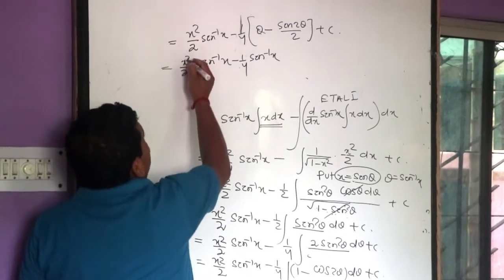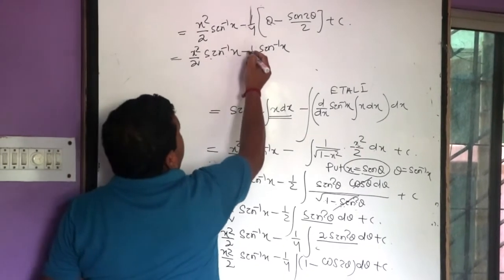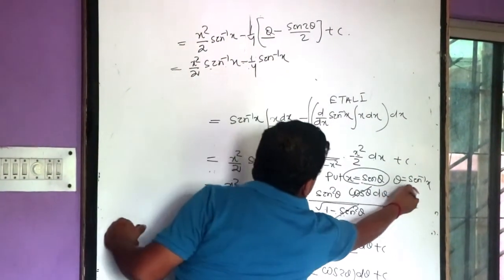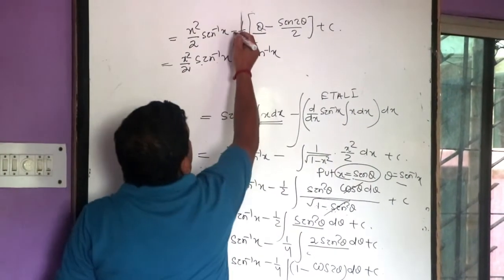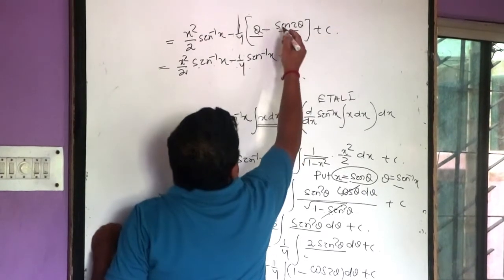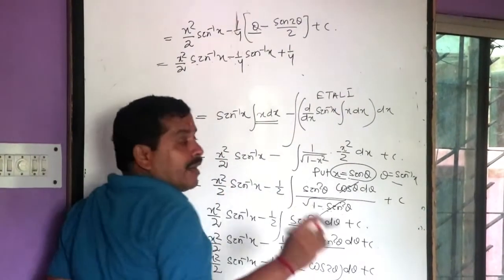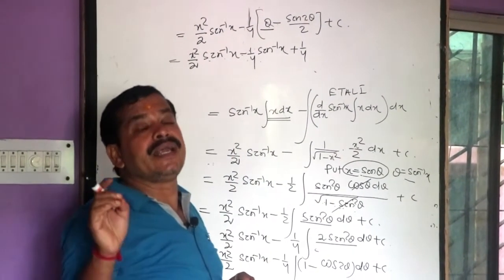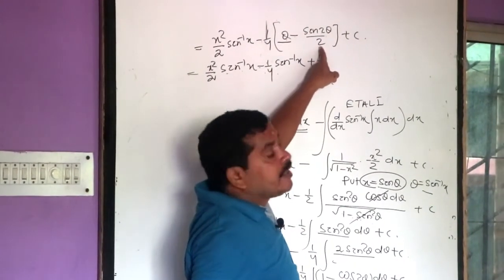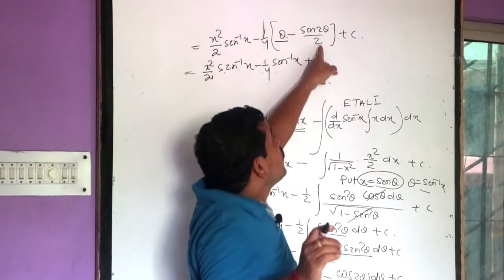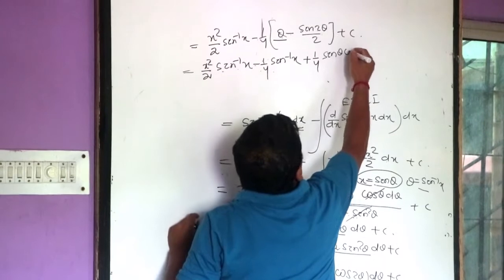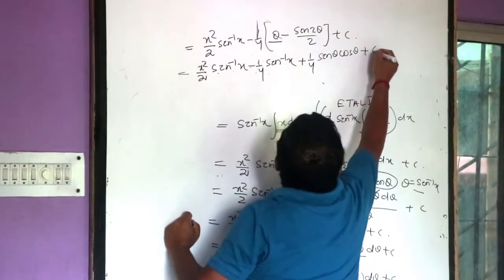Then x square by 2 sin inverse x minus 1 by 4. Instead of theta, we write sin inverse x. Again minus minus is plus 1 by 4. Instead of sin 2 theta, we can write 2 sin theta into cos theta. With 2 sin theta into cos theta, the denominator here is also 2, so cancelling 2, we get sin theta into cos theta plus c.